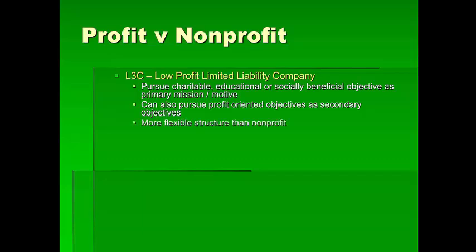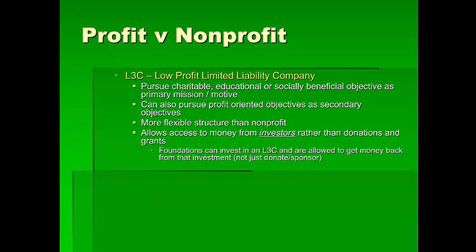So, yeah, there's more flexibility in the structure than with a nonprofit, and it allows access to money from investors. So they don't have to go and get money from foundations or donations. It also means that foundations can actually invest and then make a profit. They're allowed to get money back from the investment.